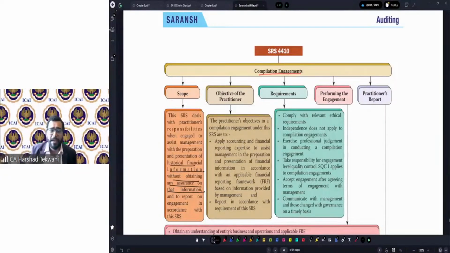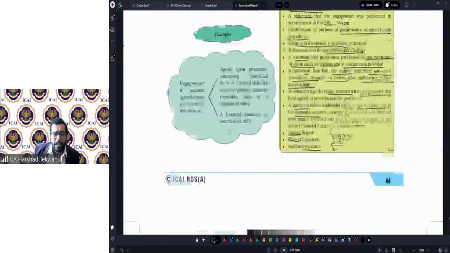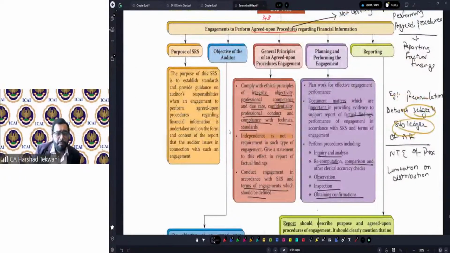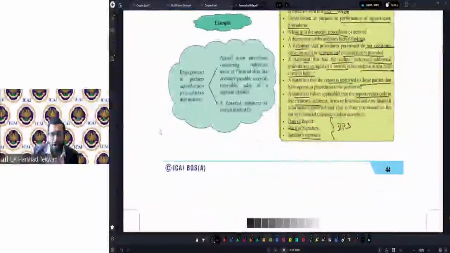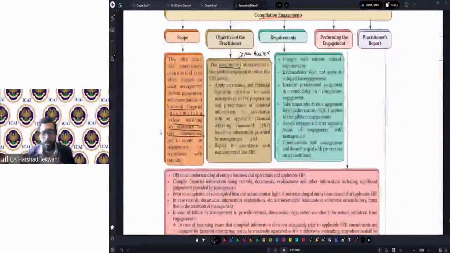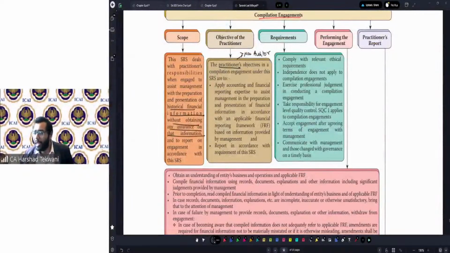The term we are using is practitioner, not auditor, because we are not issuing any opinion and we are not auditing. Clear?